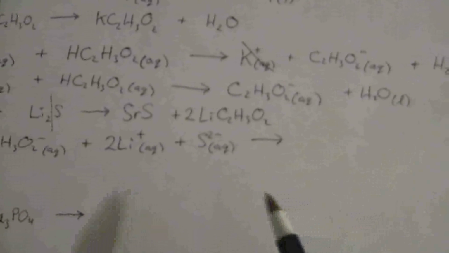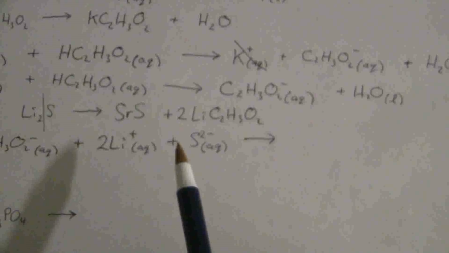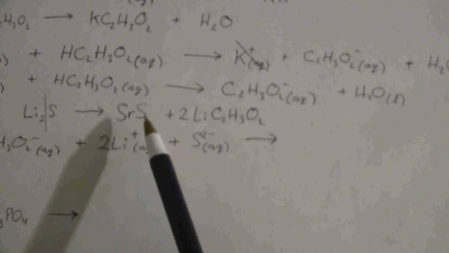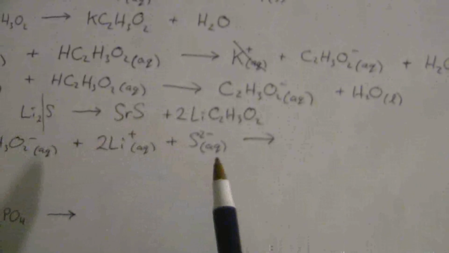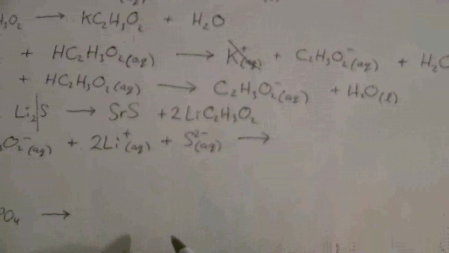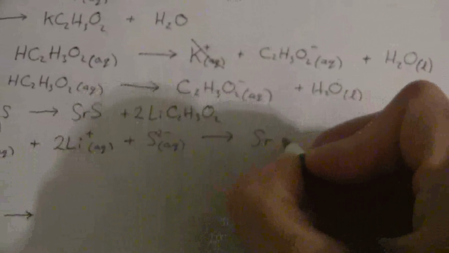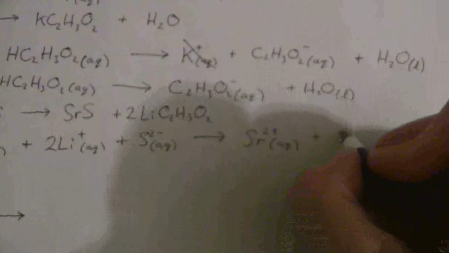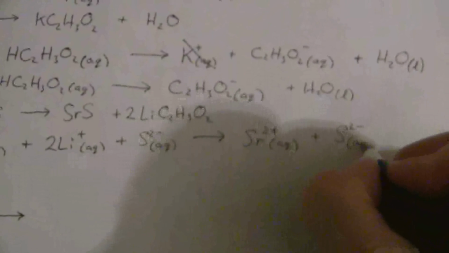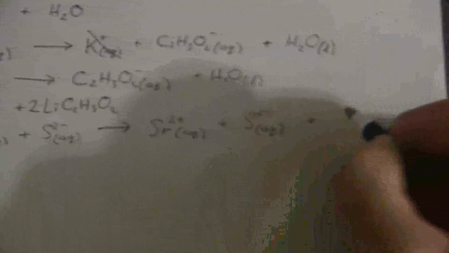All right. But in the textbook that we're using with TRO, it shows that when sulfide ions are paired with calcium or strontium or barium, it makes a soluble compound. So strontium sulfide is actually a soluble compound. So we're going to write it with those ions separated. Finally, at the end, we have one last soluble compound.